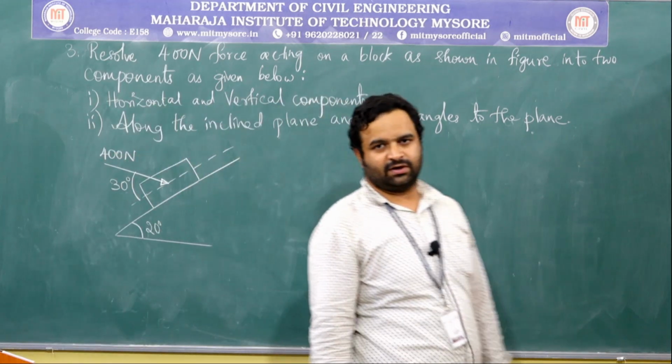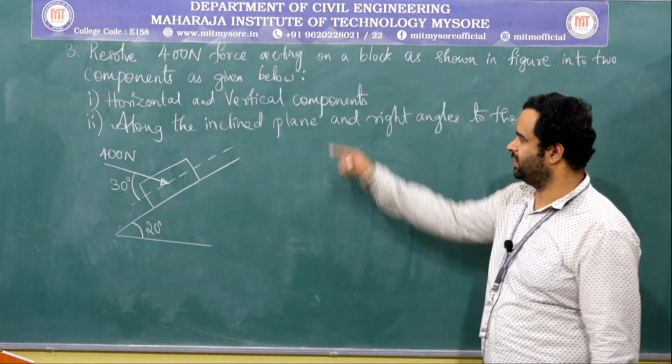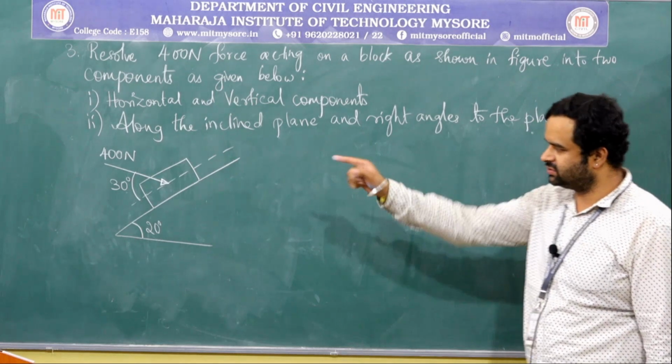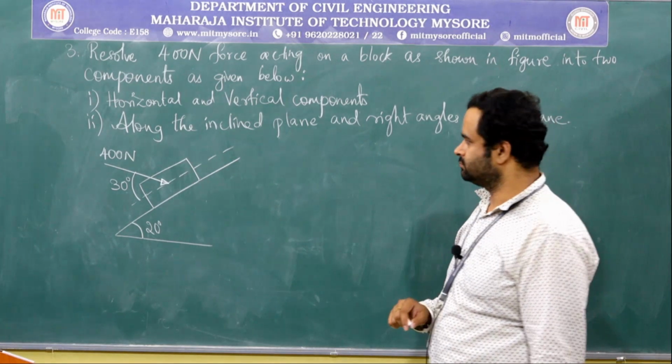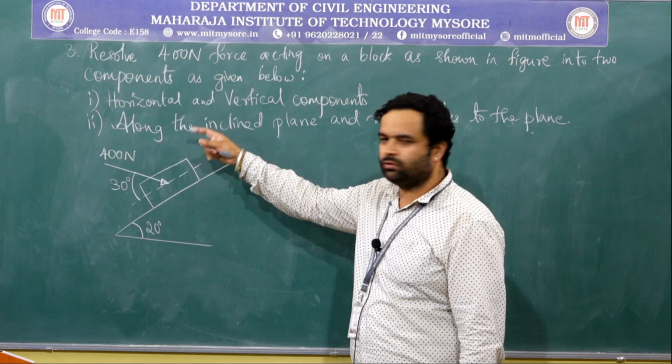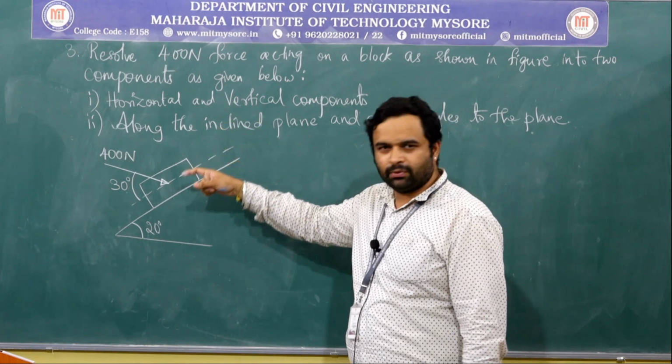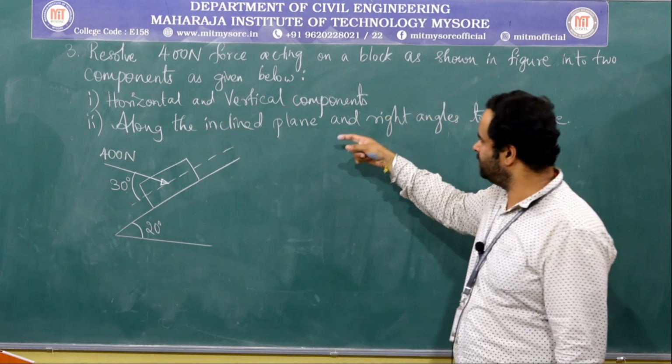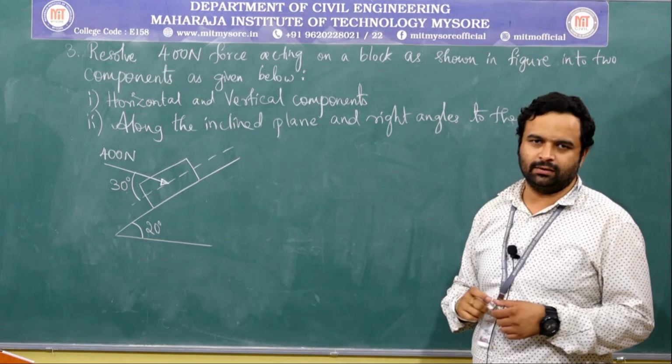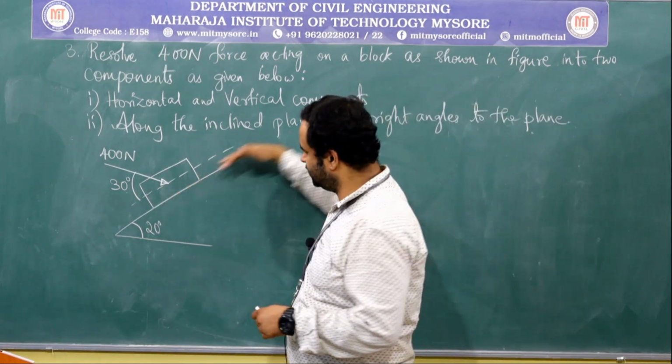So, this is the figure given. You need to find horizontal and vertical components of the 400 Newton force, and also you have to find the components along the inclined plane and right angles to the plane. So, this is the plane.